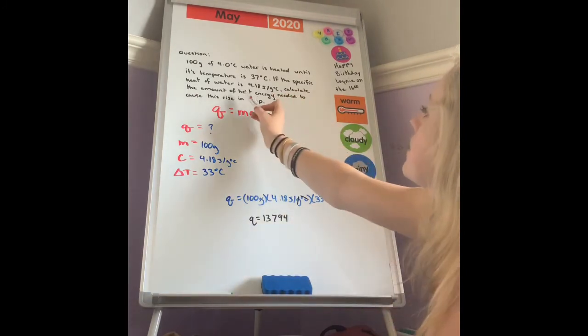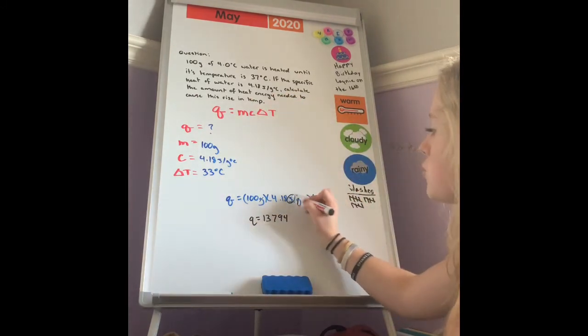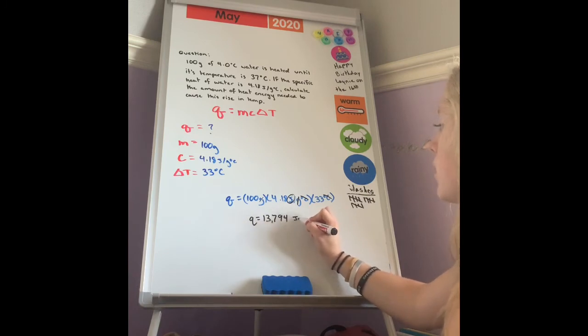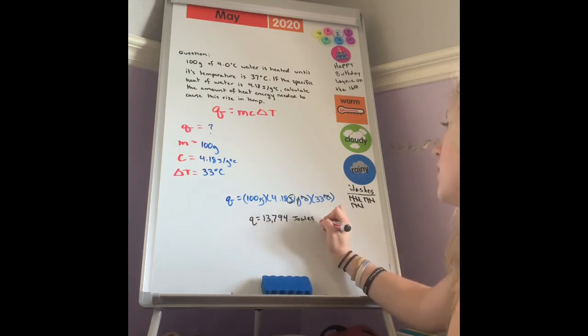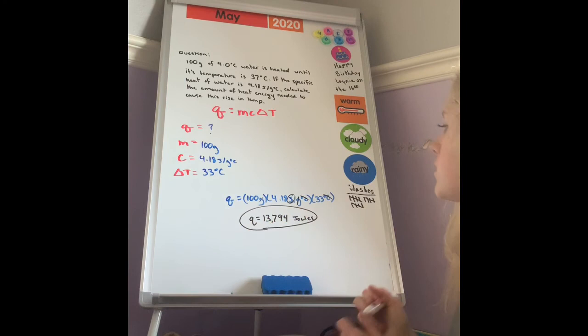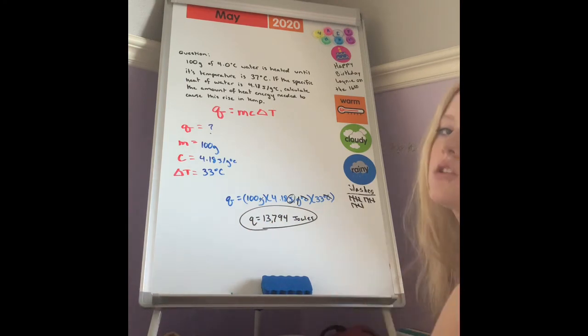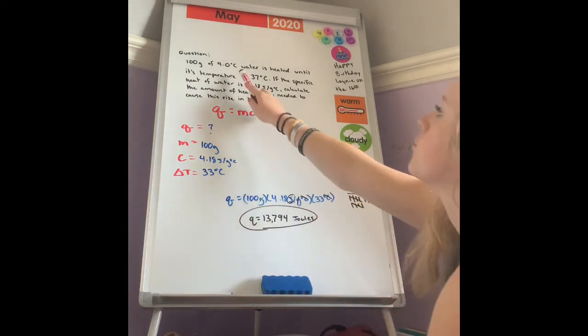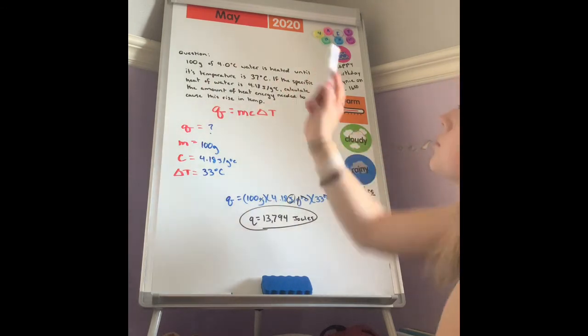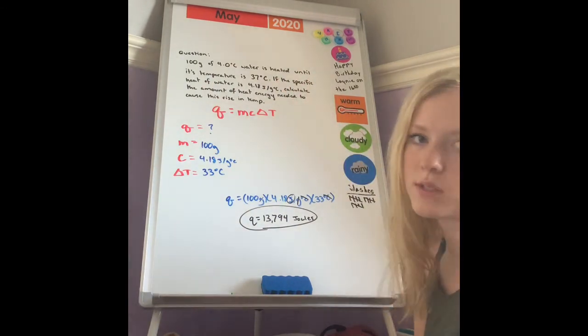And so that is the amount of heat energy, and we're left with joules. So the joules would be our unit, and that's our final answer. So it takes that much heat energy to go from 4 degrees Celsius to 37 degrees Celsius with 100 grams of water.